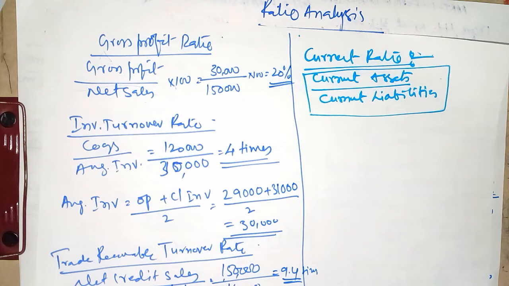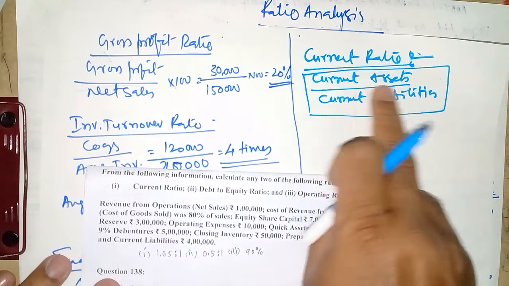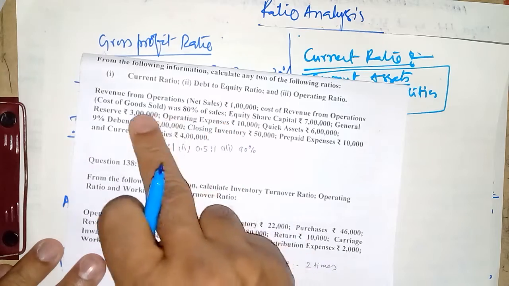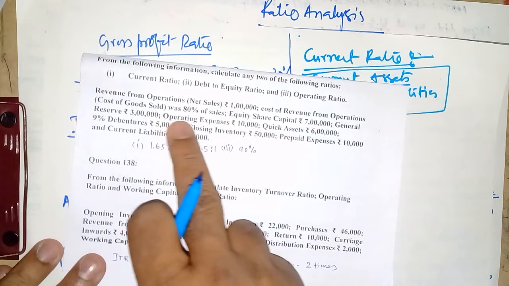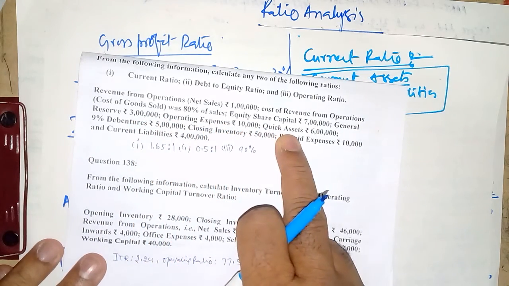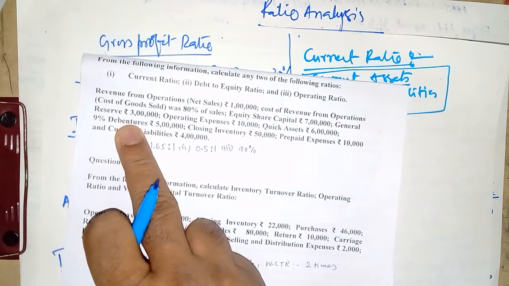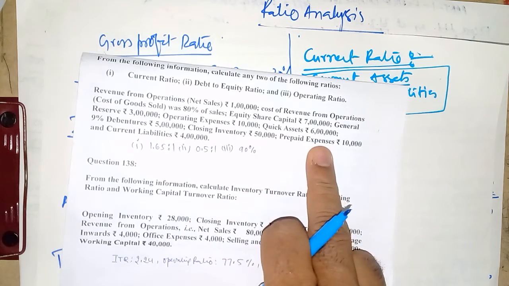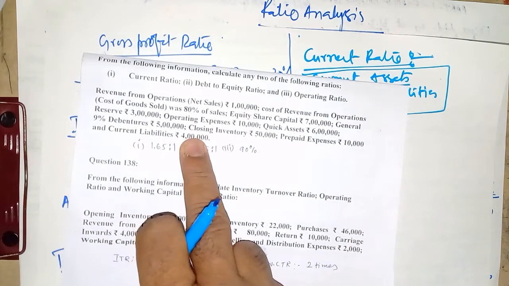So then we will proceed with the question. We require to have current assets and current liabilities. So here equity share capital, general reserve, operating expenses, quick assets is given, and debentures, closing inventory, prepaid expenses, and current liabilities.